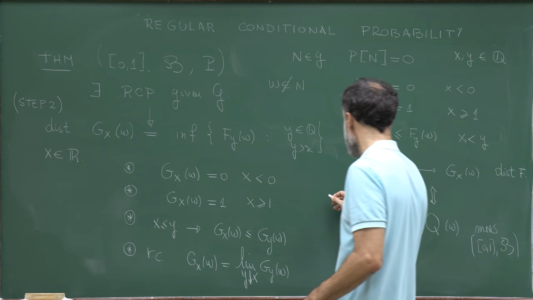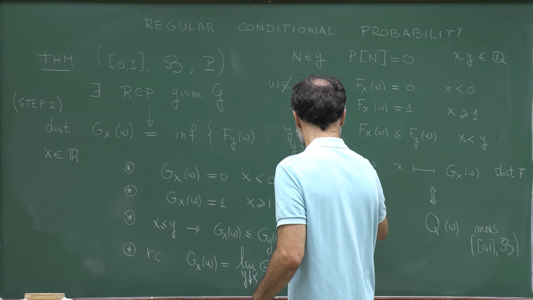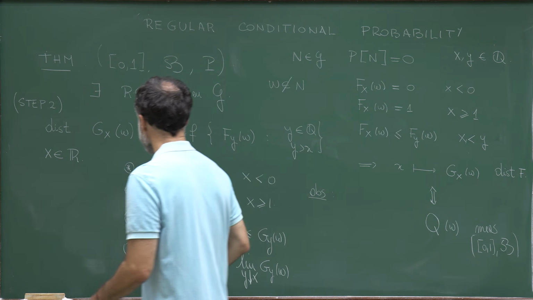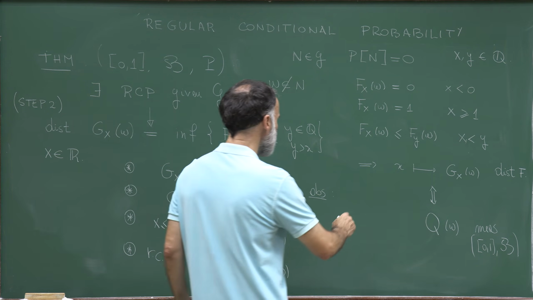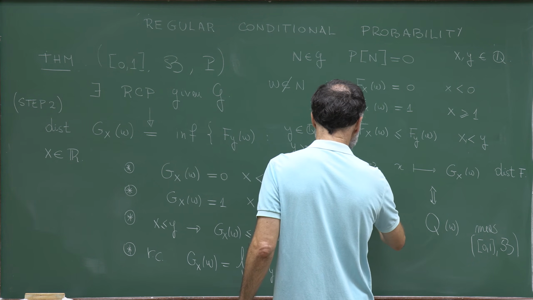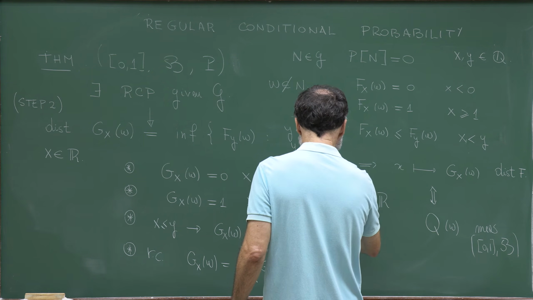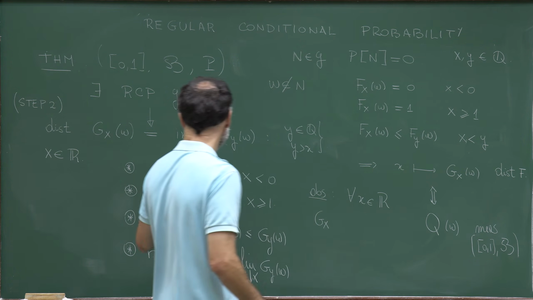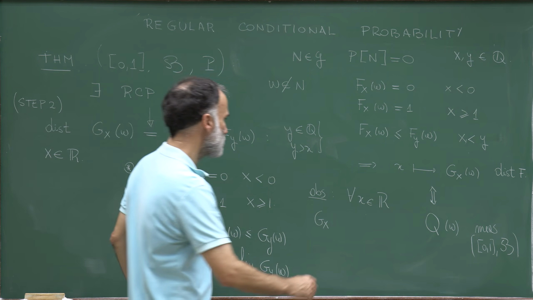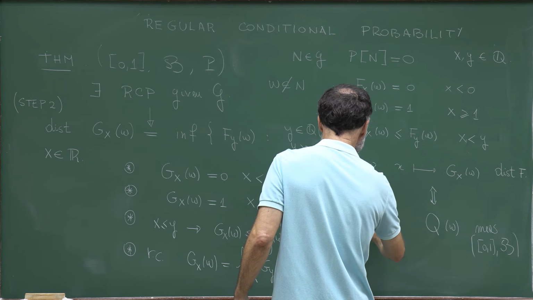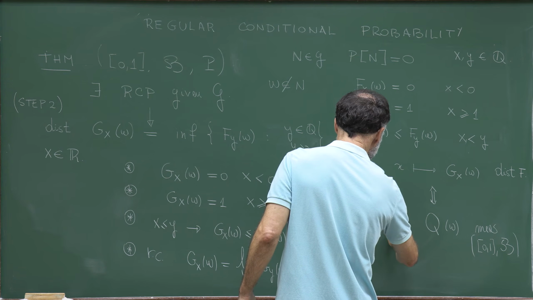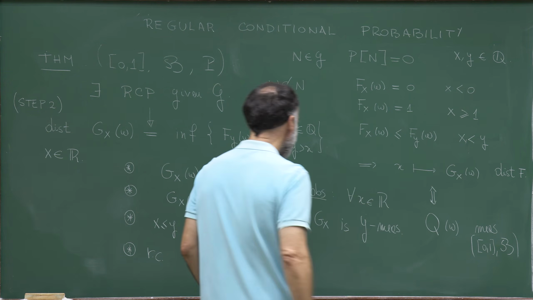Mind, before we go to the next step, that this function g_x, for all x, now as a function of ω, is G measurable. And why is that true?